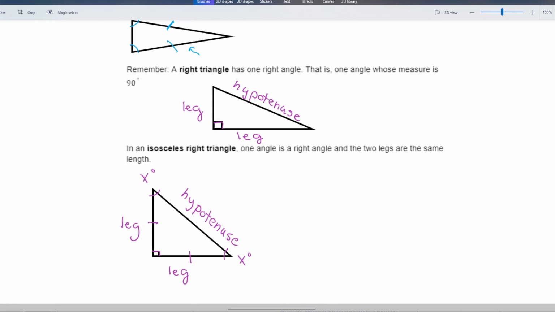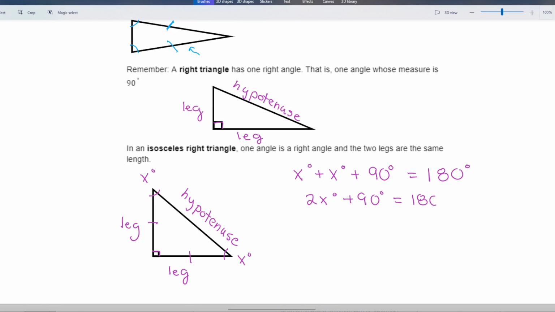When we add these three angles up, x plus x plus the 90-degree right angle is going to be equal to 180. I add my two like terms, and then I'm going to solve for x.